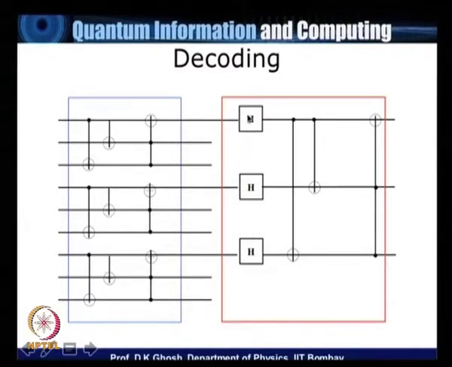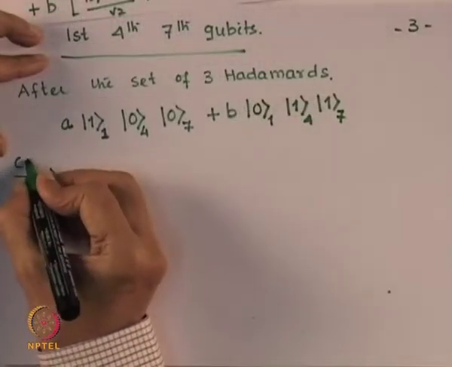Now what am I going to do at this stage? Remember that my interest is actually in qubit number 1. So I am going to take qubit number 1 as the control and apply a C0 on qubit number 4 and qubit number 5. So let's do that. So C0.